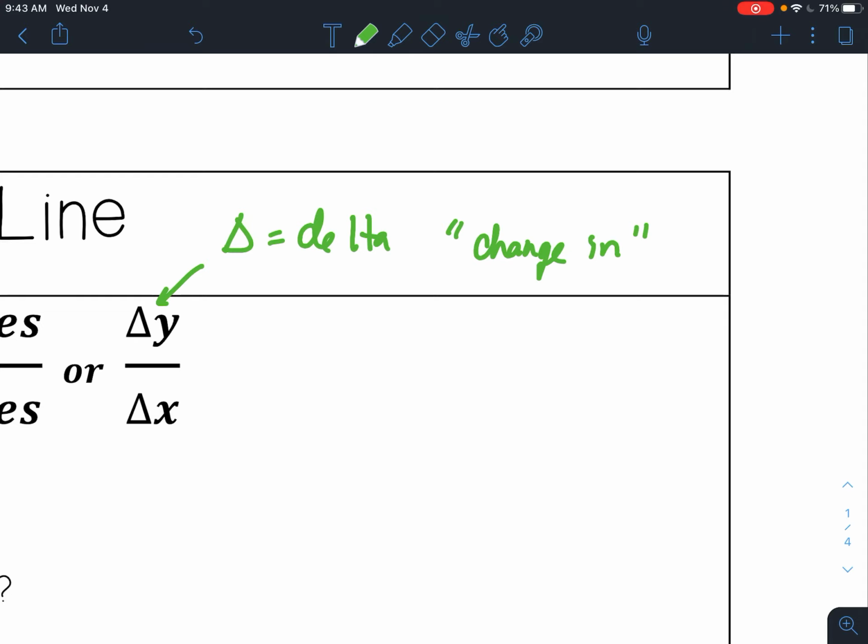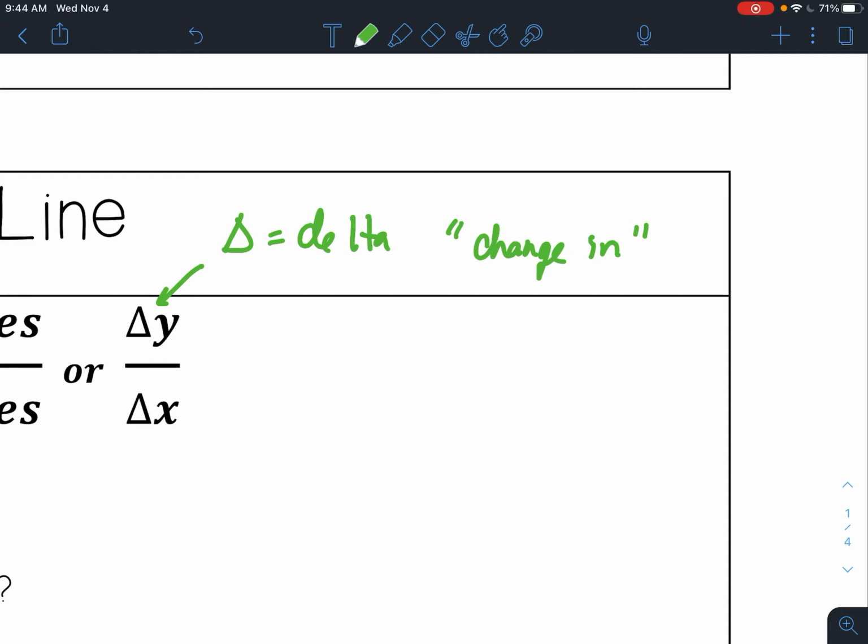And you'll see that not so much in this course. We really only use it in this section. But for those in physical science, you guys will see it. You might have seen it already with linear motion, like finding your velocity. Velocity is your change in position over your change in time. So you might have seen that already with Mr. Chang.